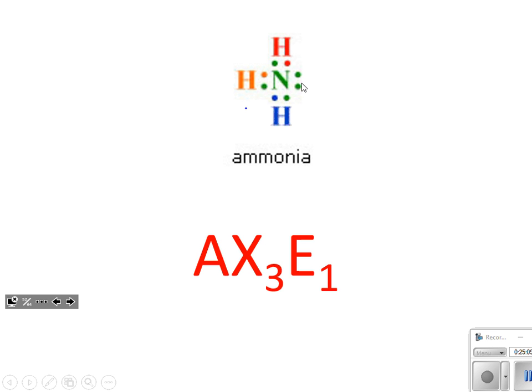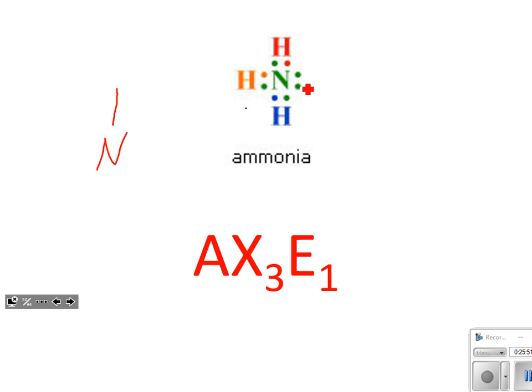AX3E1 is trigonal pyramidal. And if you look at the examples, ammonia is one on there. So when I come back and I'm going to draw trigonal pyramidal, find that. I'm going to use my dashes, and I'm going to use my wedges, and I'm going to use my regular lines. I'm going to draw this as N in the middle.